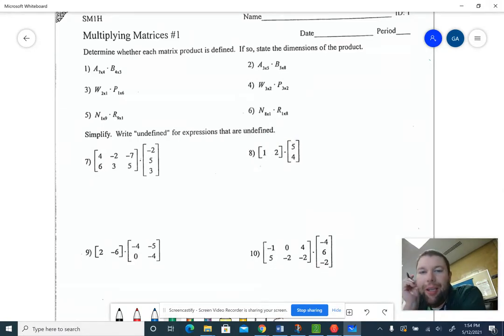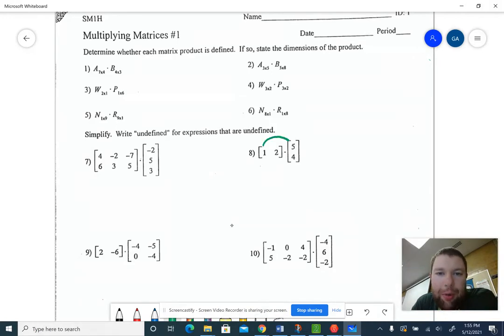And the reason for that is basically how you multiply matrices is you multiply the entire row by the entire column. So like your first element of your new matrix is going to be the first row times the first column. You multiply them and add them together to get the first thing. So the first number in the row is going to multiply with the first number in the column.